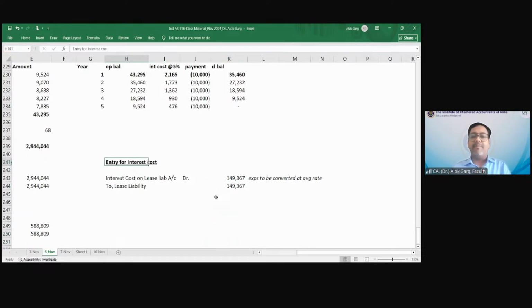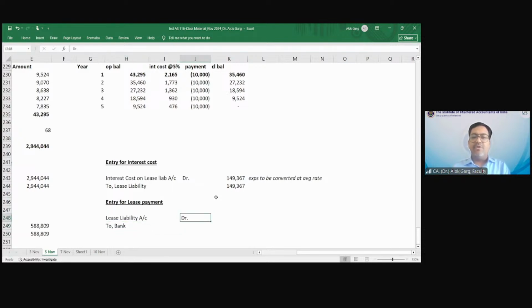What is the entry for lease payment? It is at the end of the year. Lease liability account debit to bank.